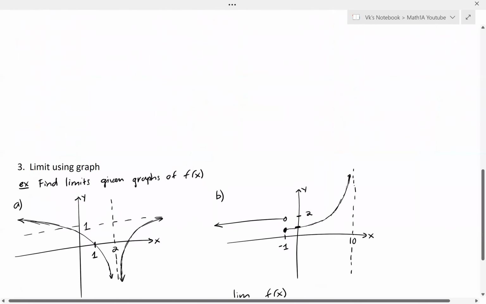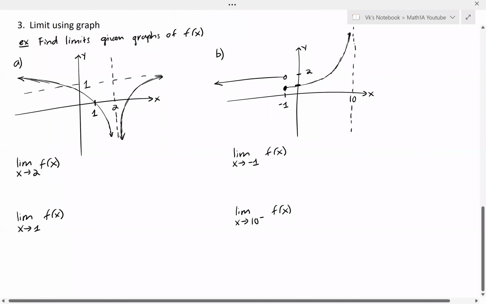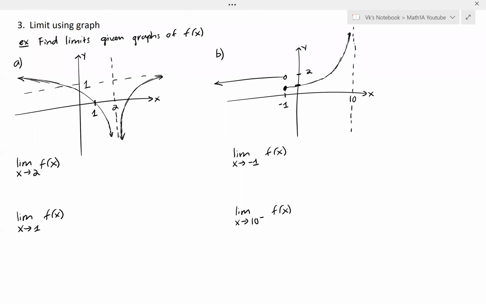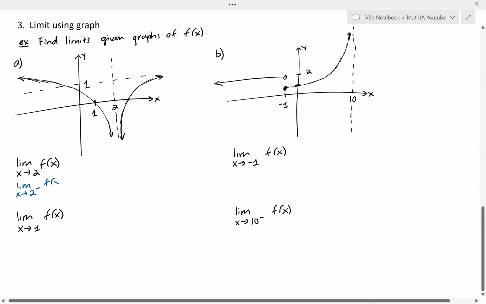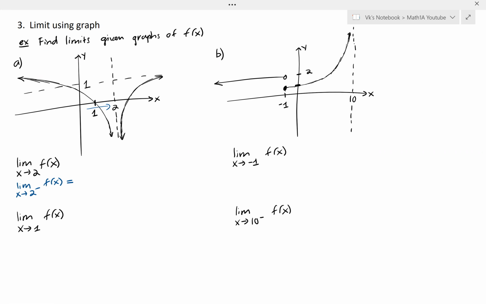Let's move on to limit using graph. Find the limit given graphs of f(x). On example A, we have this graph here. Limit as x approaches 2 of f(x). In order to do this, we've got to figure out the right limit and the left limit. Limit as x approaches 2 on the left side of f(x) is this approach right here.